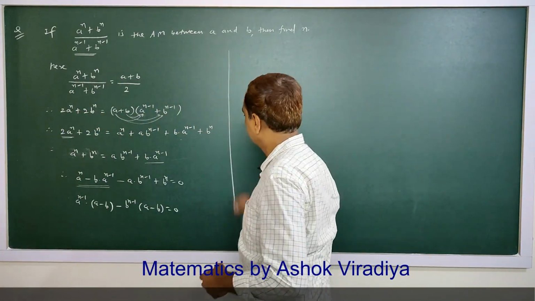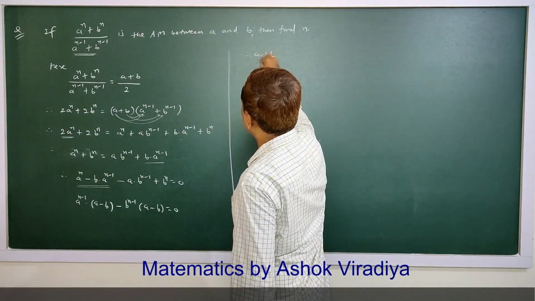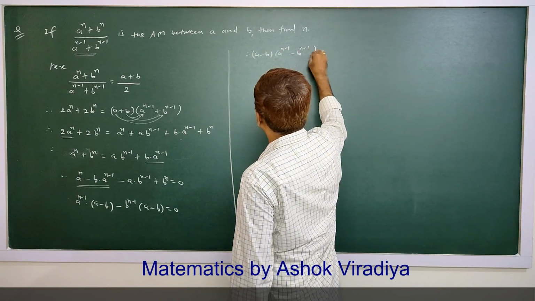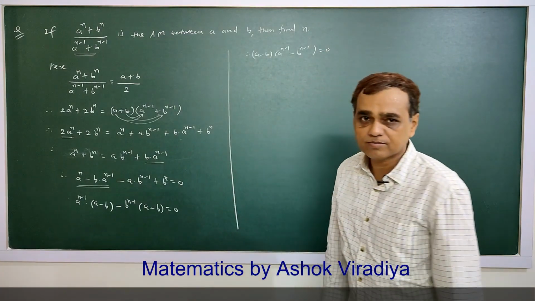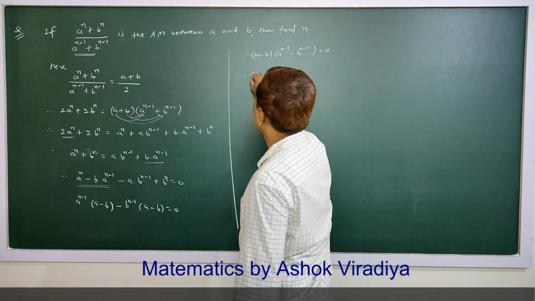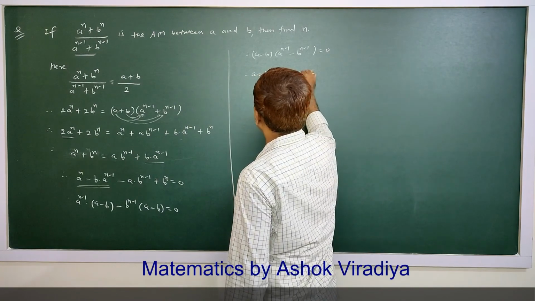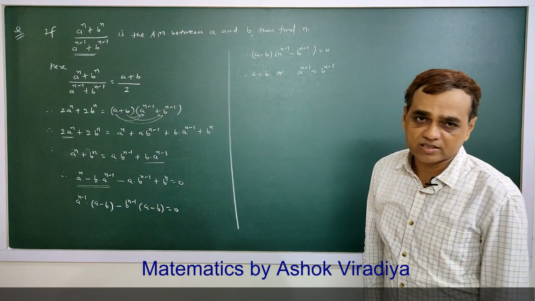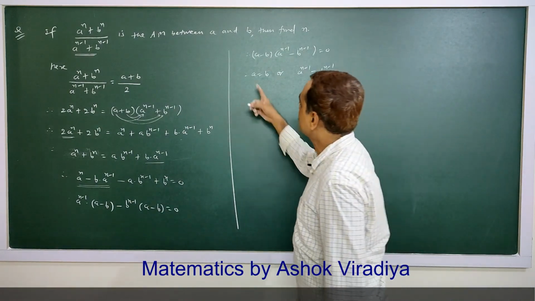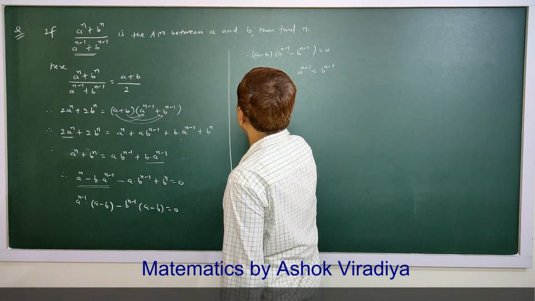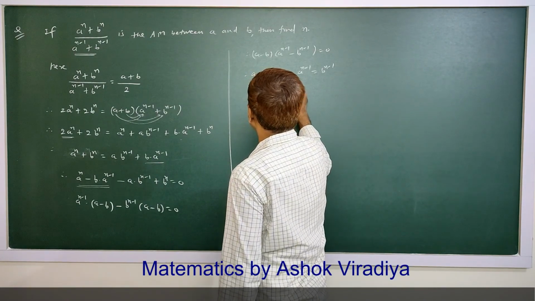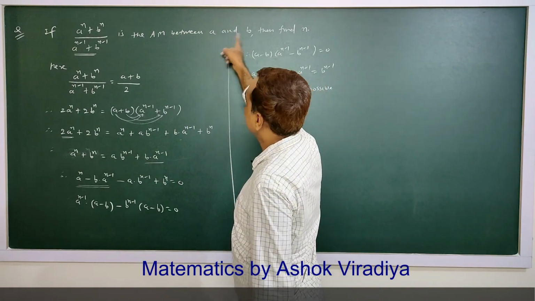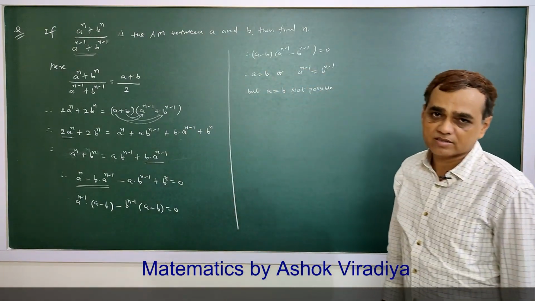Therefore, a minus b common, a raised to n minus 1 minus b raised to n minus 1 is 0. That means a equal to b, or a raised to n minus 1 equal to b raised to n minus 1. But a equal to b is not possible, because these are different distinct numbers.